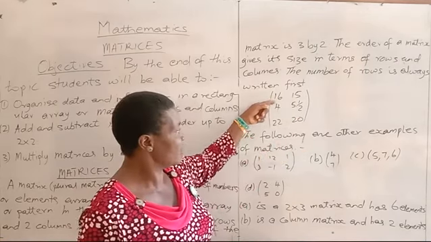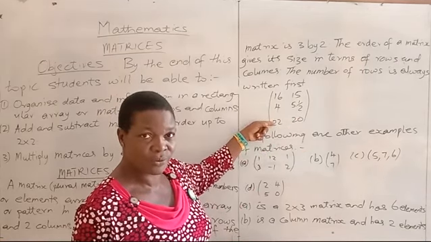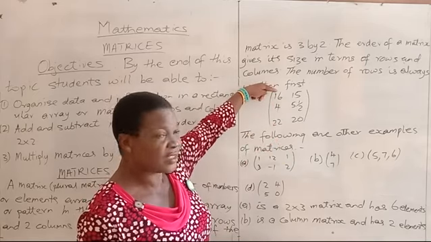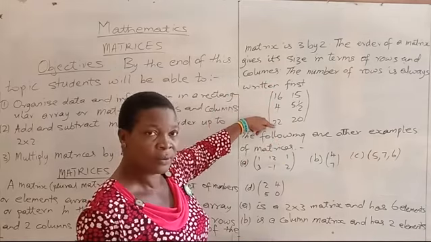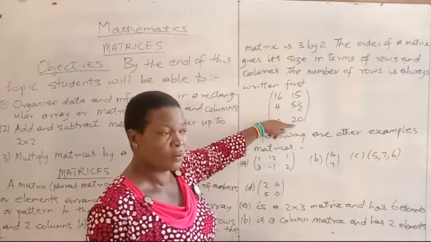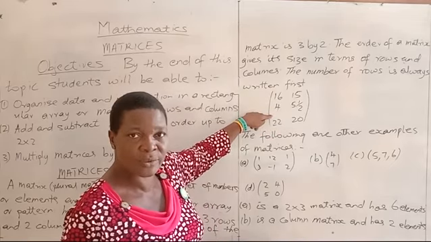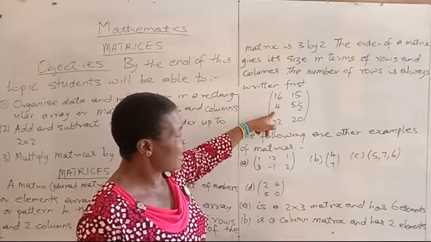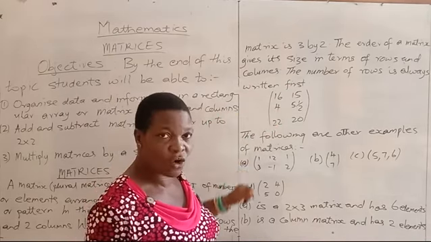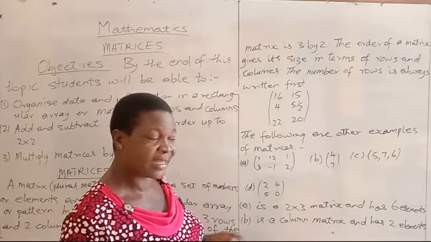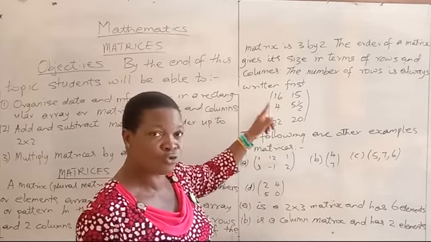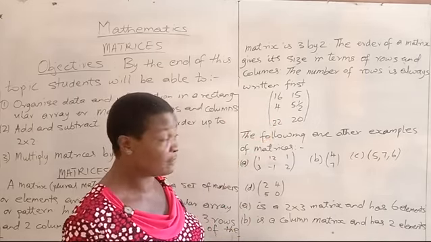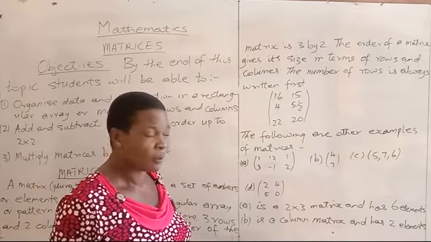Count 1, 2, 3. There are 3 rows. Columns, the vertical order of the elements. This is 1, 2. This matrix has 2 columns. That is why it is called 3 by 2. The 3 there is representing the number of rows, while 2 is representing the number of columns.